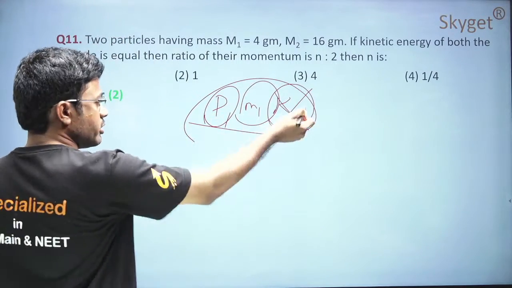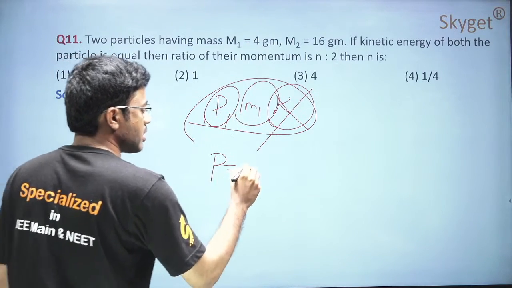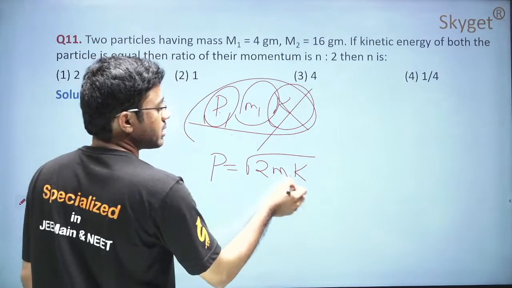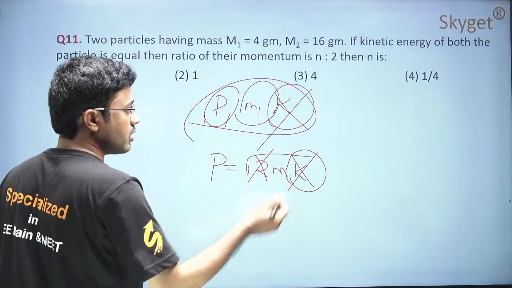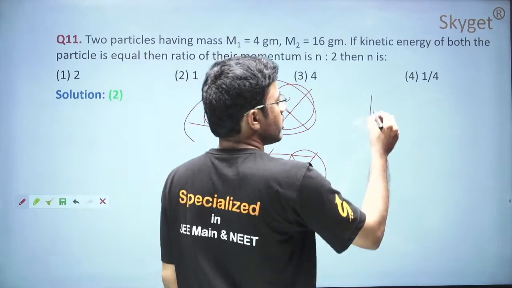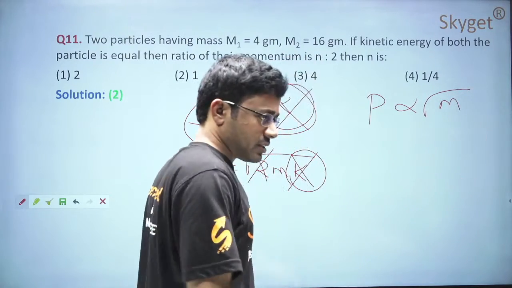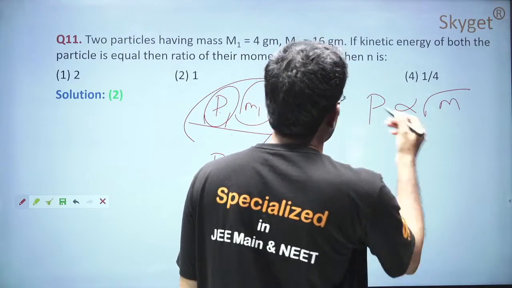The relation between P, m and K is that the linear momentum P is equal to square root of 2mK, where you can take the kinetic energy as constant, and obviously 2 is also constant. So from this you can write that the linear momentum P is directly proportional to square root of mass. He has said the ratio of the linear momentum is n:2.